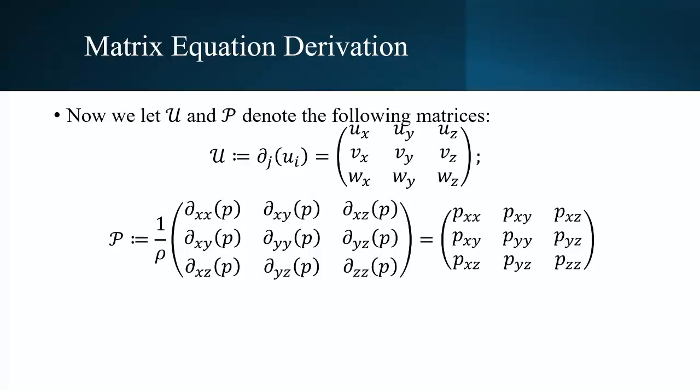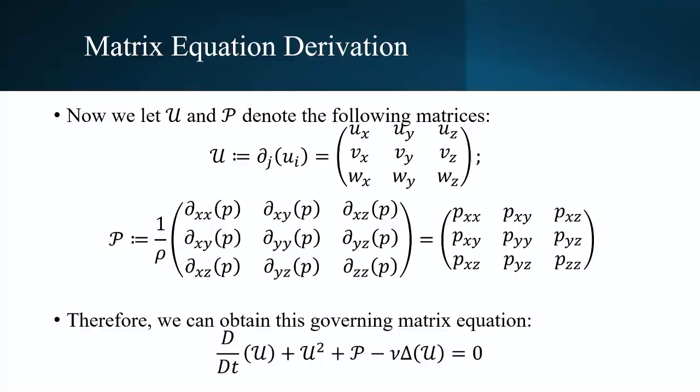In incompressible flows, the density is a constant, so we can just normalize the pressure with it. So we can thus obtain this matrix governing equation: the material derivative of U, D over Dt of U, plus U squared, plus this pressure matrix P, minus nu Laplace U, equals 0.